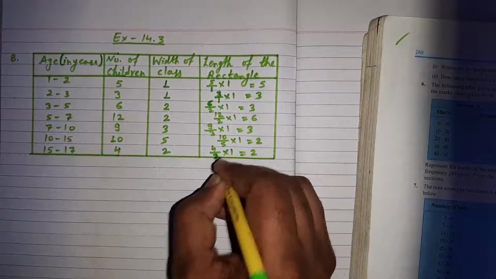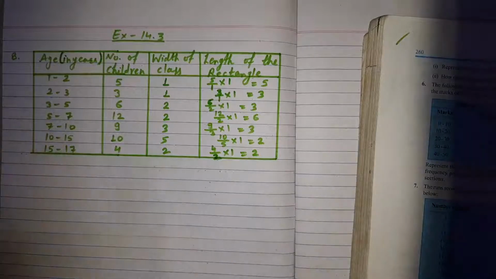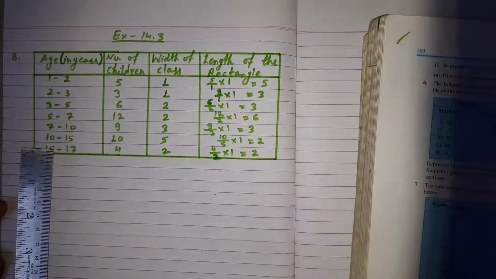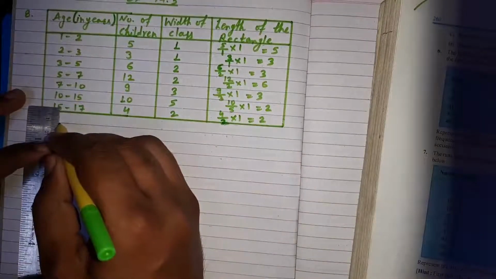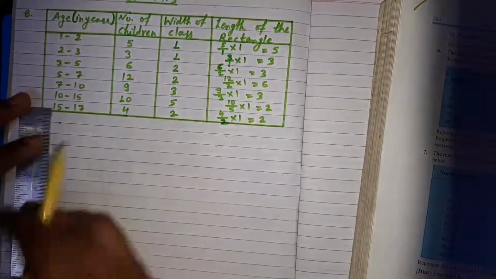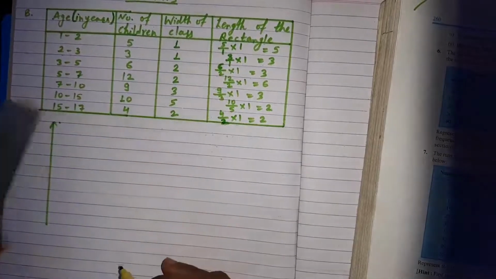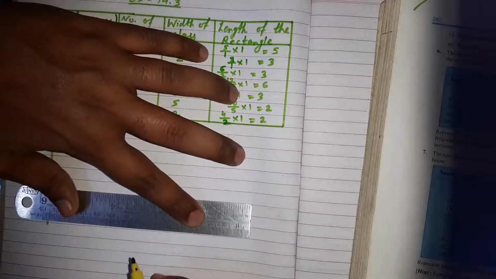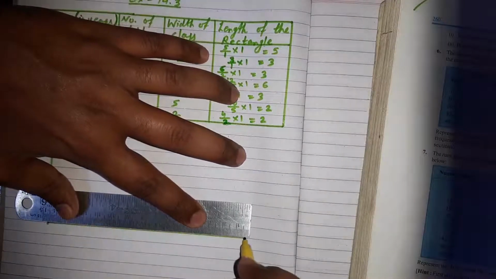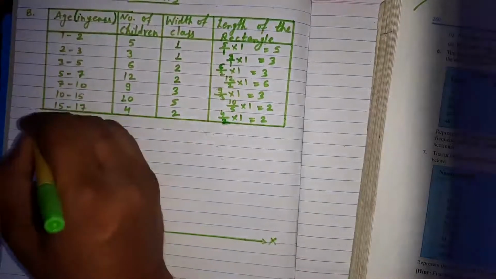Now we will draw the histogram. First we will draw two axes, x axis and y axis. This is the x axis and this is the y axis.